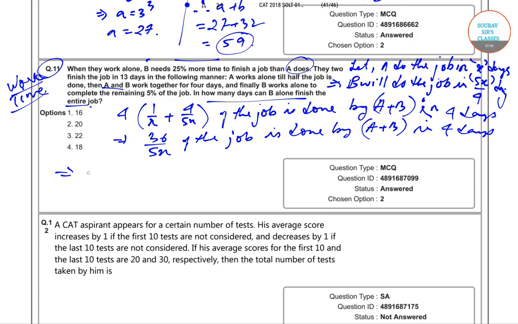So half of the work has been already done by A. This amount of work has been done by A and B in 4 days, and the remaining 5%.